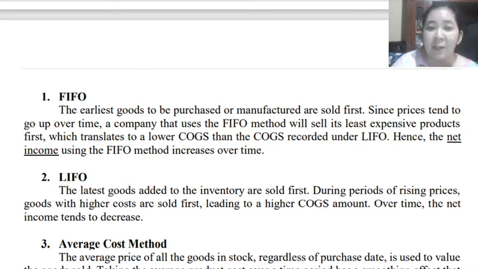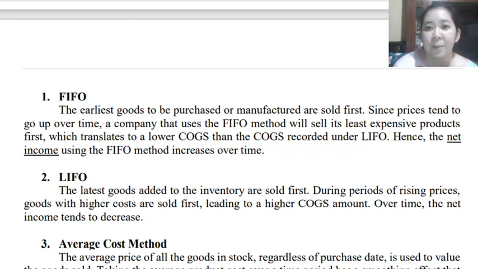Since prices tend to increase over time because of inflation, the company that uses this method will sell its least expensive products, because those items which were produced or purchased first have lower cost compared to the new ones. That's the reason why. Again, the effect of this is we will have a lower cost of goods sold because the cost of these items is also lower.